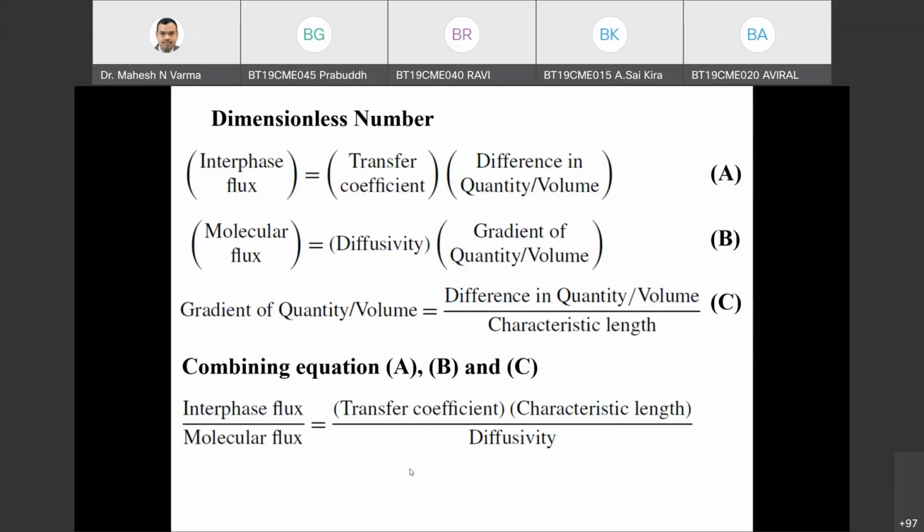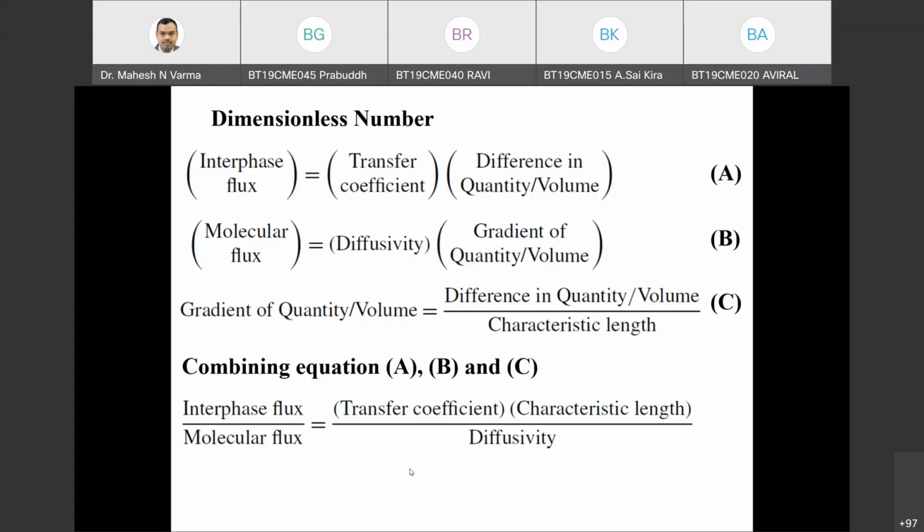So Reynolds number, rho V D by mu. So Reynolds number. Don't you recall this Reynolds number? I'm talking about characteristic length, transfer coefficient, mu by rho is there.